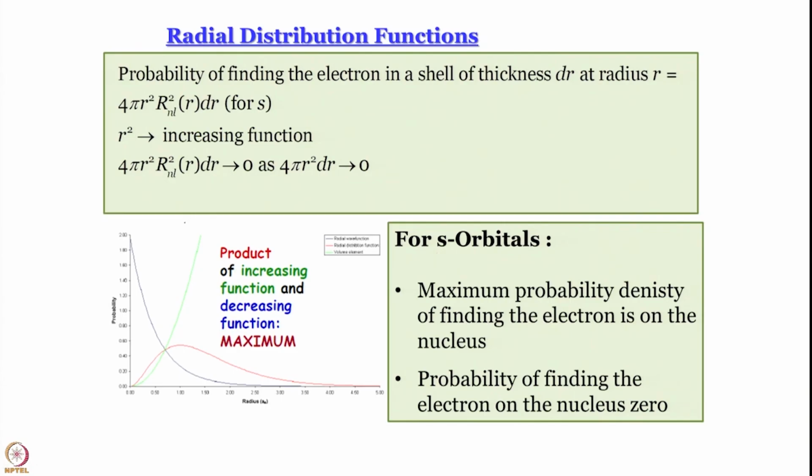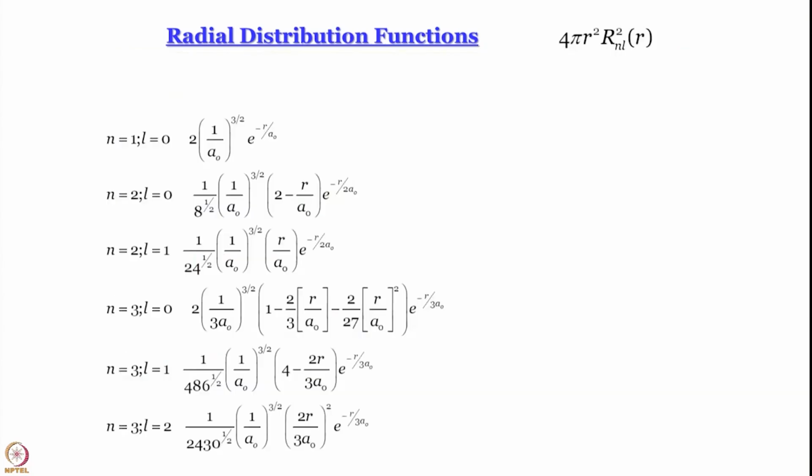It does not matter how high the value of r square or psi star is for r equal to 0. This is what gives an answer to the apparently problematic question of why the s electron does not reside at the nucleus most of the time.